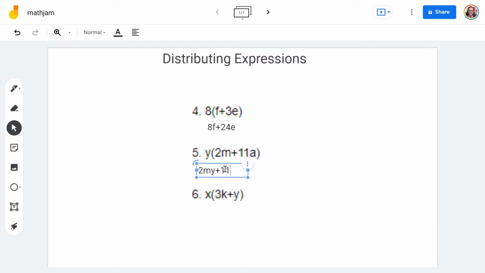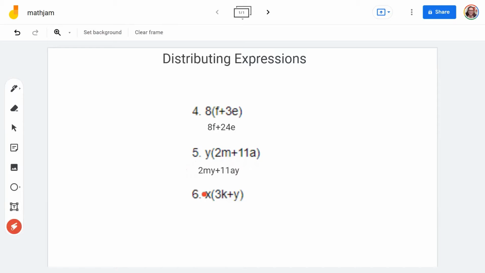We're going to start with the 11, the a, and then the y that we're multiplying it by. So lots of letters in that one. It looks a little complicated. It's really not. You just have to follow the right formula. So here we have our y times (2m plus 11a), and using our distributive property, we turn that into 2my plus 11ay.